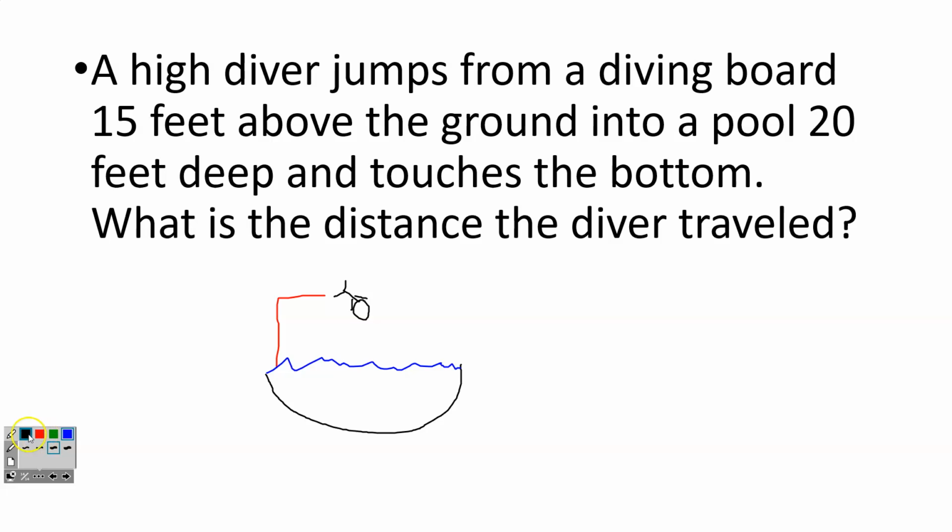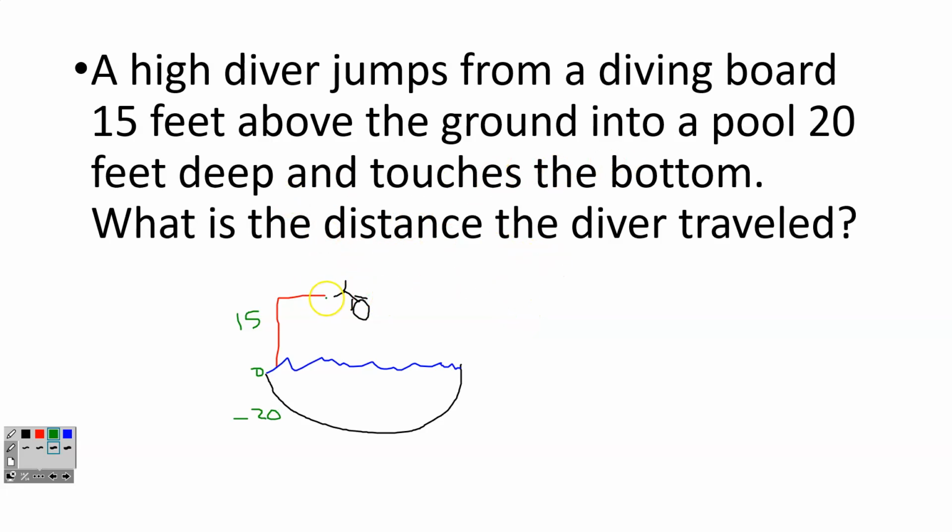So it says that he dove from a diving board 15 feet above the ground, so that's a +15 right there. Dove into a pool that's 20 feet deep. So if this is my 0, 20 feet deep would be down here, which would be a negative. What's the distance he traveled?